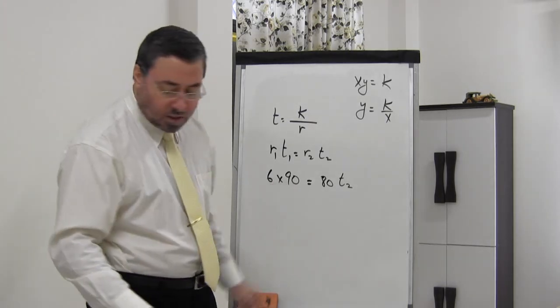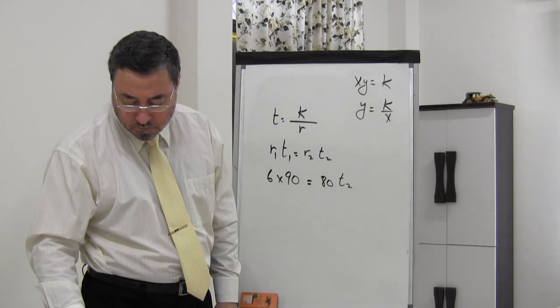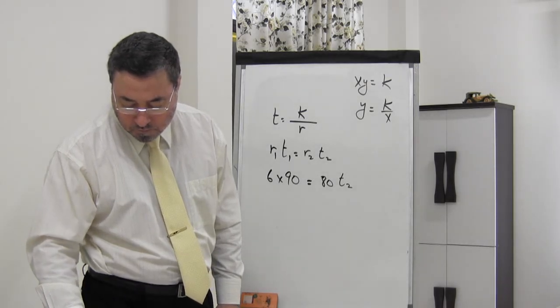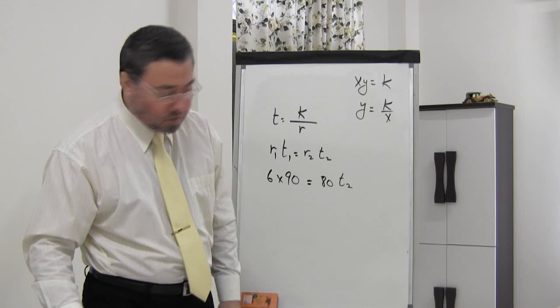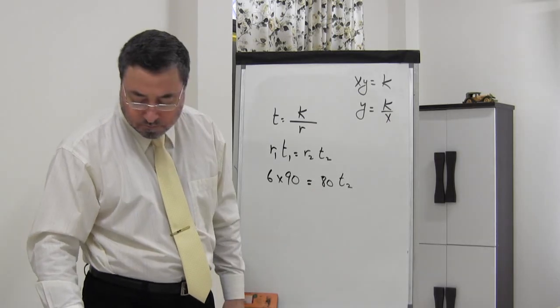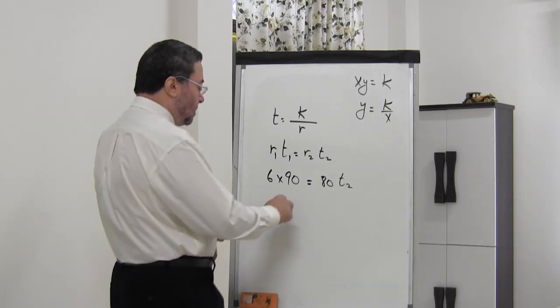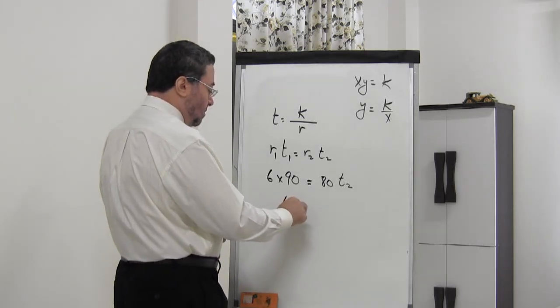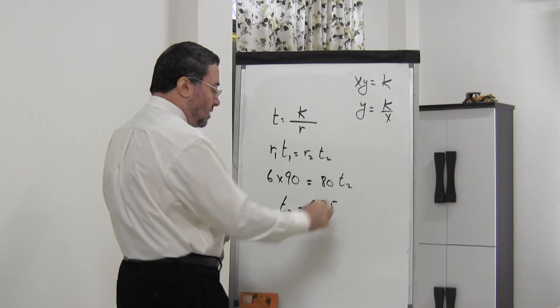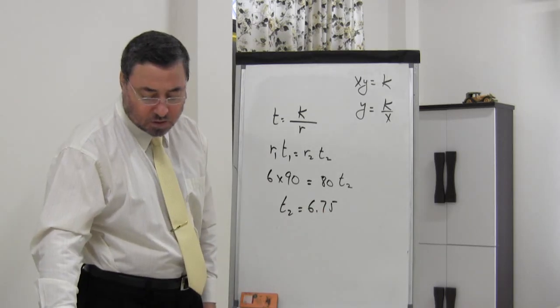So 6 times 90 divided by 80 equals 6.75 hours.